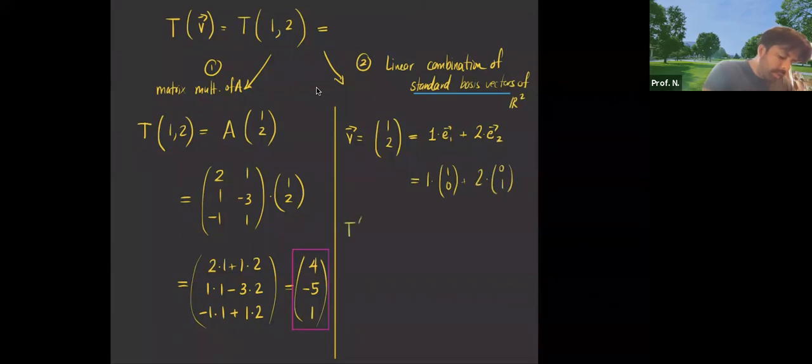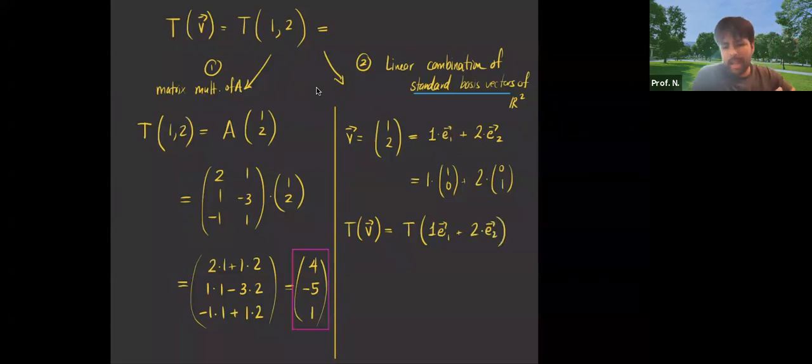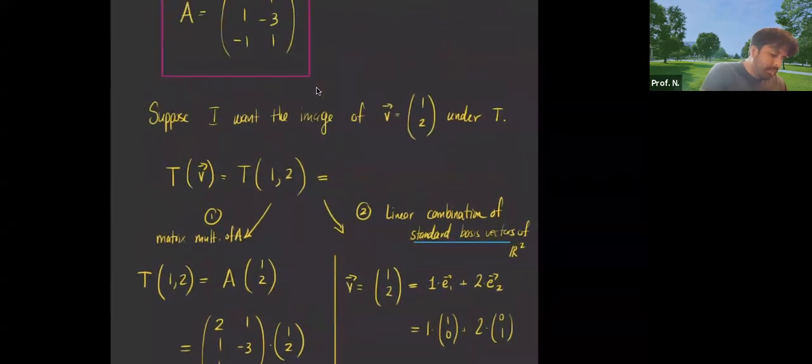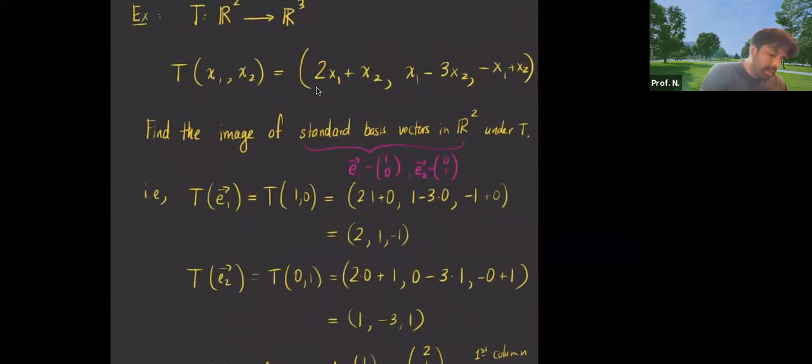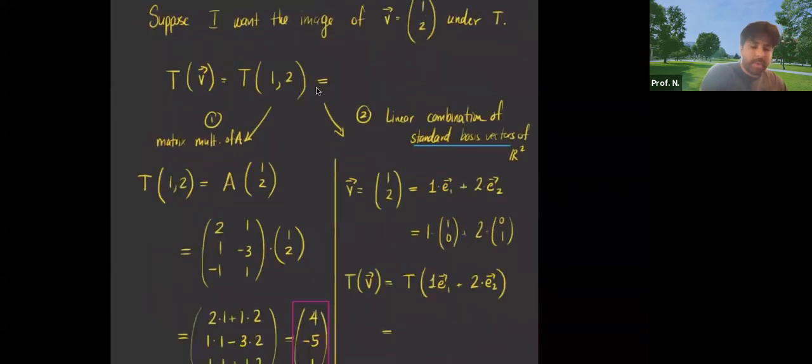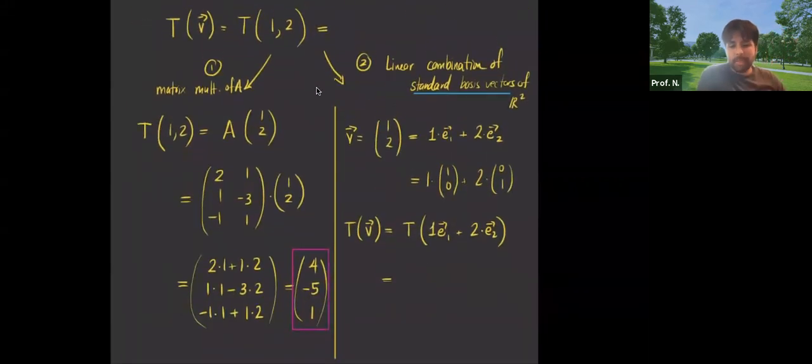Now, why does that matter? Because I want to figure out what T of v is, but I just expressed it as a linear combination of E1 and E2. I can rewrite this as T of (1 times E1 plus 2 times E2). Isn't this the same exact thing? That equals v. But then what is T? T is a linear transformation.